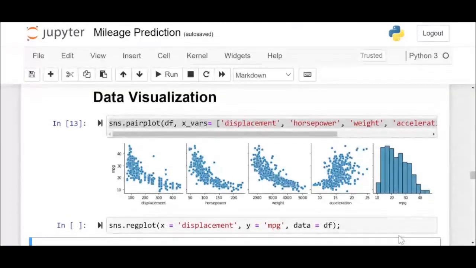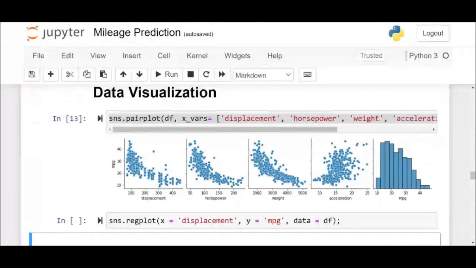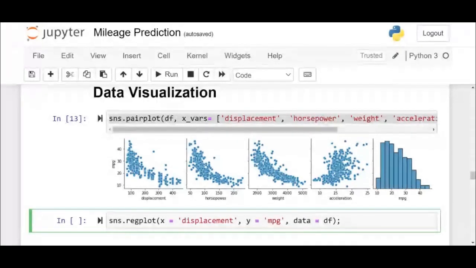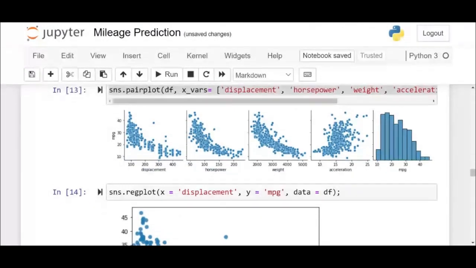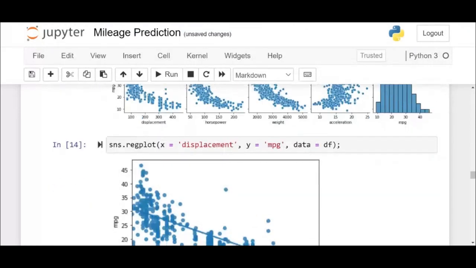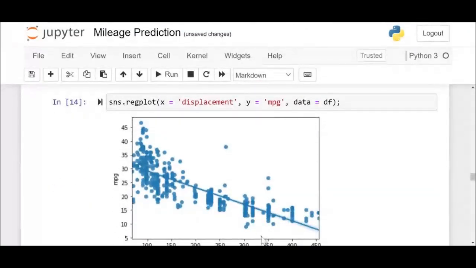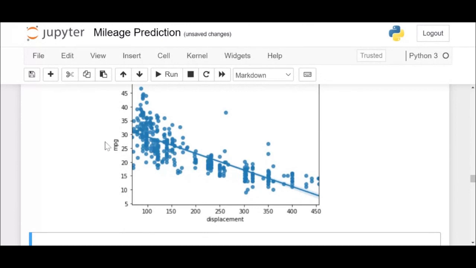Now let's create a simple regression visualization between displacement, one of the variables, because we are creating a line, and mileage. This is the simple regression line where y is mileage, which we want to predict, and displacement is the overall size of the engine, also called cubic capacity or volume.